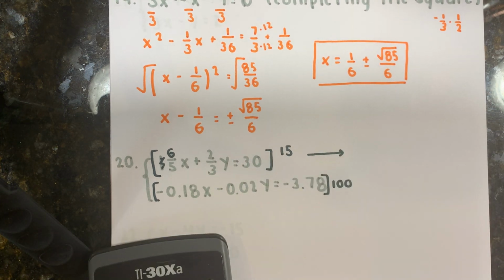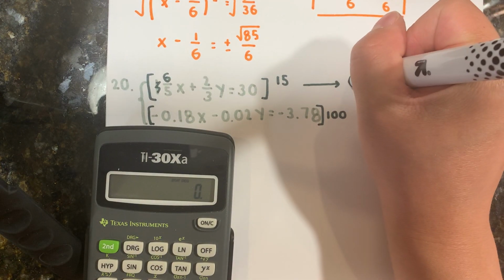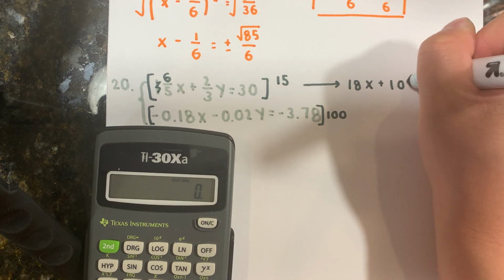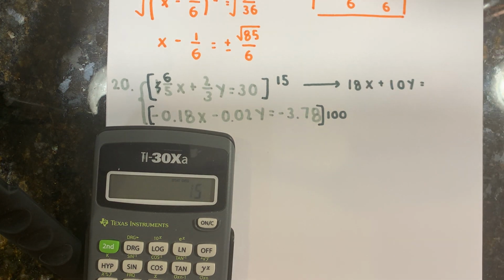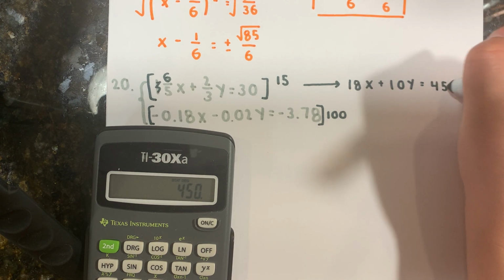And that would end up giving me, I need my calculator just for assistance, 18x plus 10y equals 15 times 30, which is 450.